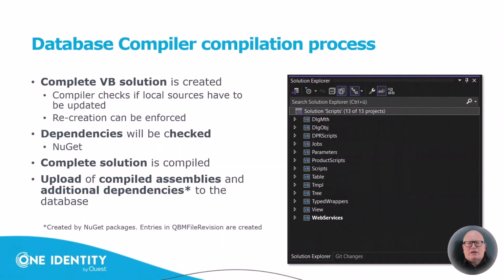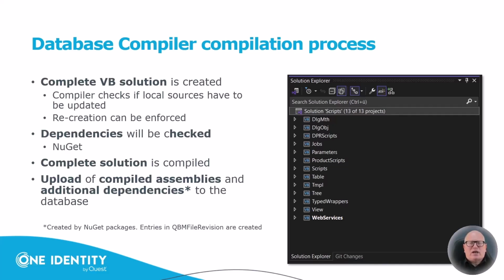Continuing with the database compilation process, the question is how the whole thing works. New in Identity Manager 9.3 is that from now on, for compiling the database, the Identity Manager just generates a Visual Studio solution to compile.